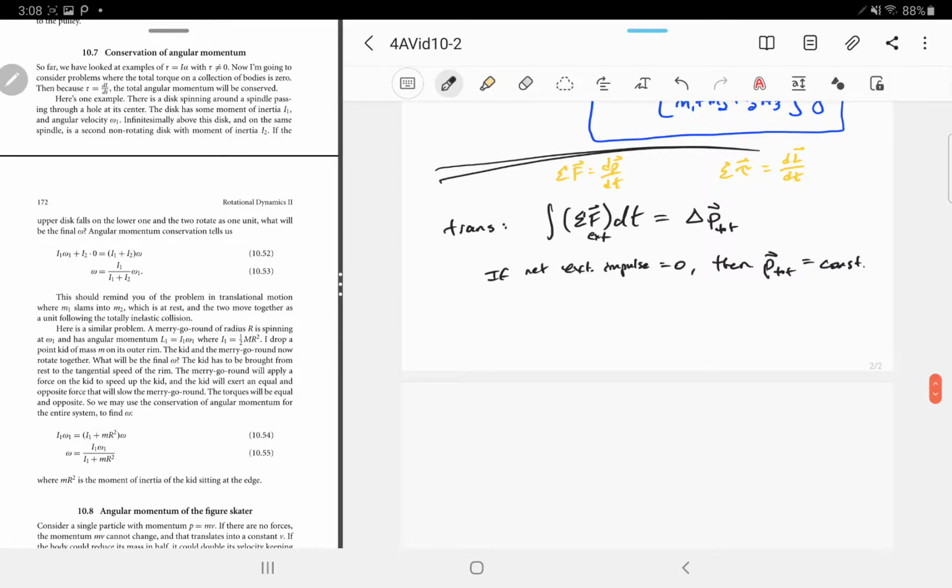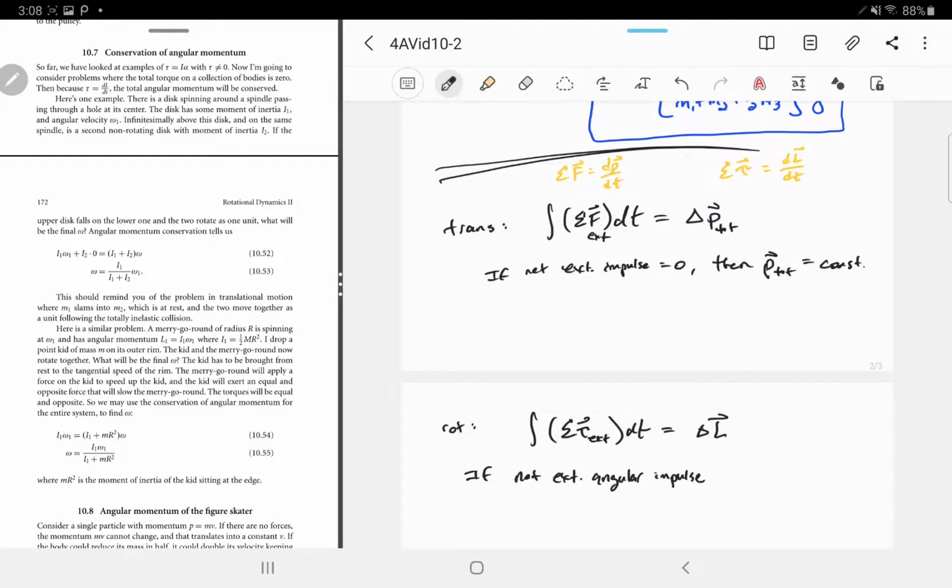So again, you can pause the video and try and guess what the rotational version of all these things is. So rotational: the integral of the sum of the torques, the external torques, is equal to the change in angular momentum. If the net external, and there's no good name for this, some books call it an angular impulse.